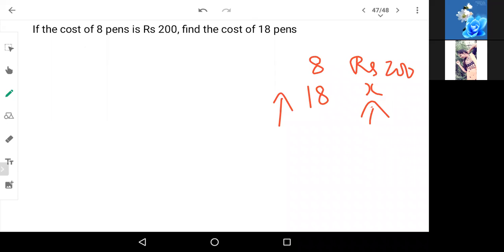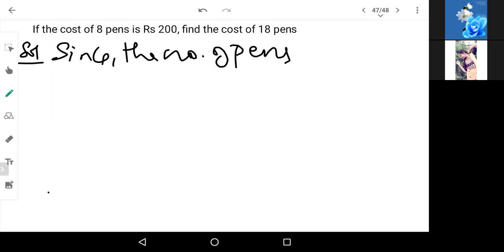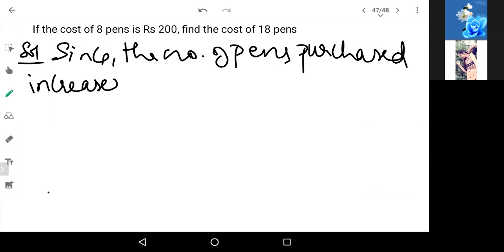It's a direct proportion. So this problem also is a direct proportion problem. Let us define that and we will solve the problem. Solution. Since the number of pens purchased increases, the total cost also increases.